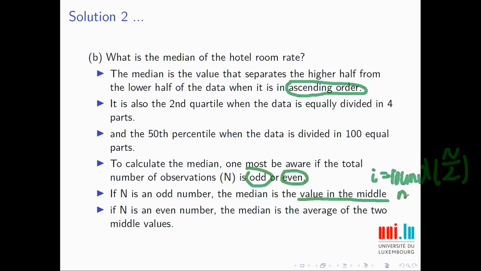The median in this case should be x with subscript y. This is for the odd case. If we have an even number, we find the position differently. In order to find the middle values, we first have to find the positions of these two middle values.